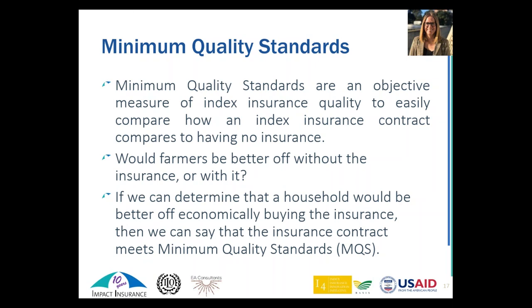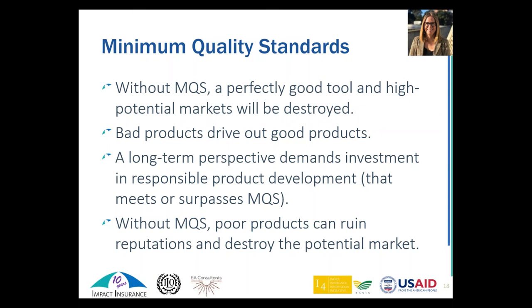And if we can determine that households would be better off economically buying the insurance, then we can say that the insurance meets minimum quality standards. So the minimum quality standards are there to make sure a perfectly good tool, agricultural index insurance, and high potential emerging markets for insurance would not be destroyed.